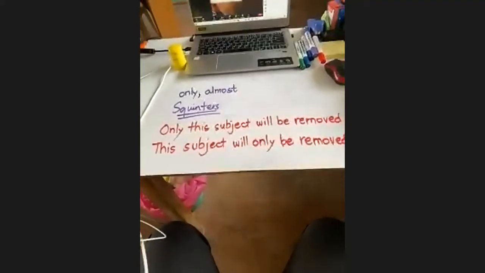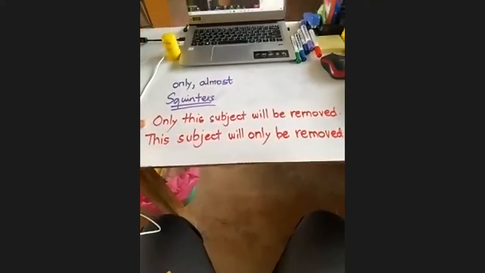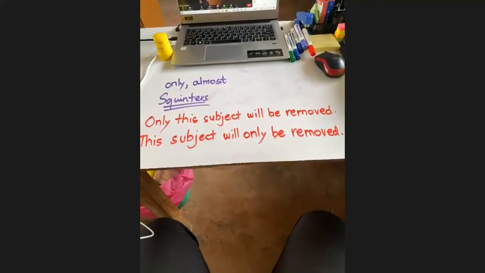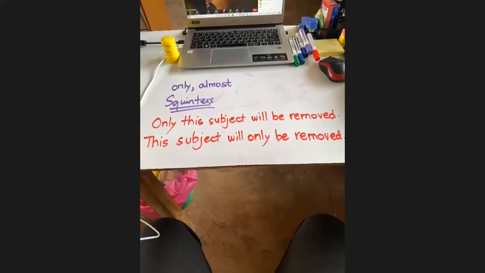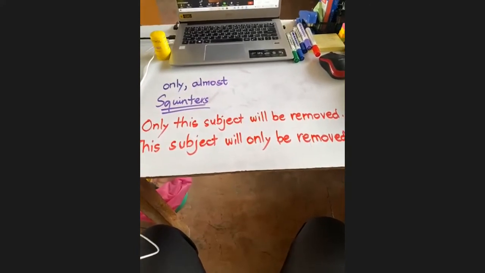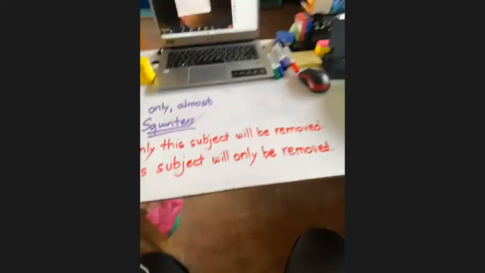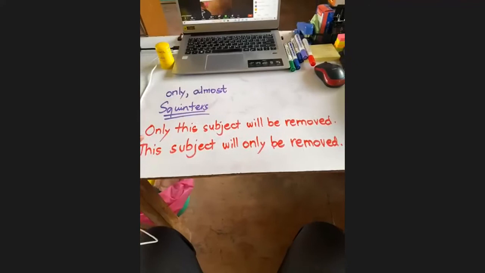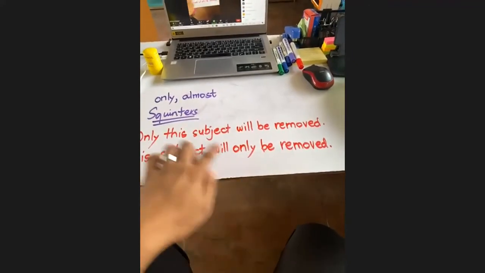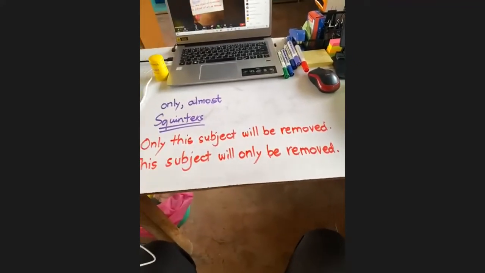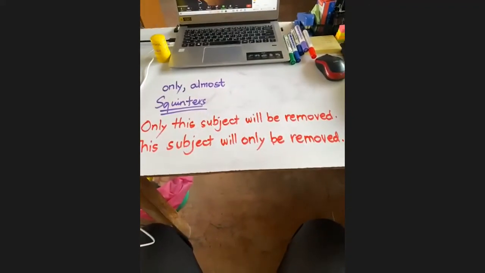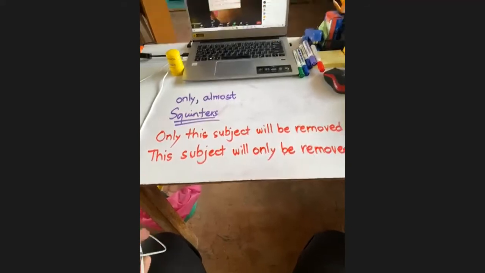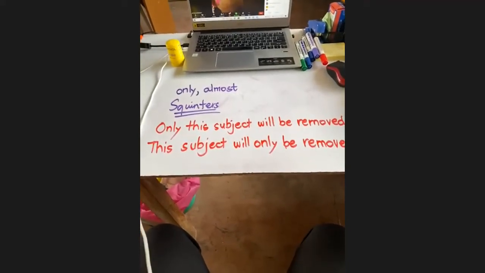The first one: only this subject will be removed. Second one: this subject will only be removed. Look at only. In these two sentences, the placing of only creates a difference in meaning between sentence 1 and 2.